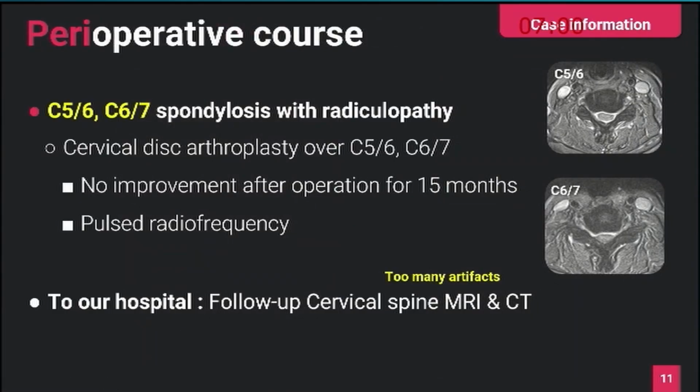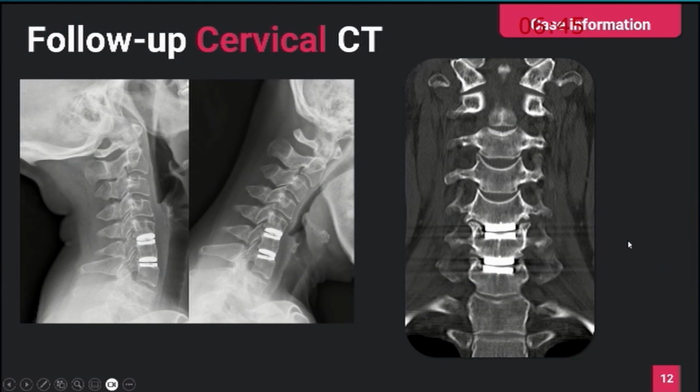The first operation was done over C5-6 and C6-7 with CDA, but there was no improvement after the operation. So she came to our hospital and we obtained further MRI and CT. We don't see CT well, there are too many artifacts. In the dynamic view, you can see there is no malposition, no subsidence or migration of the previous artificial disc.